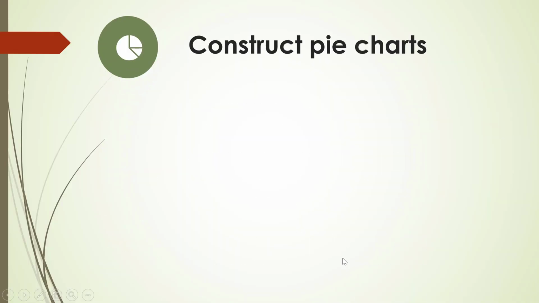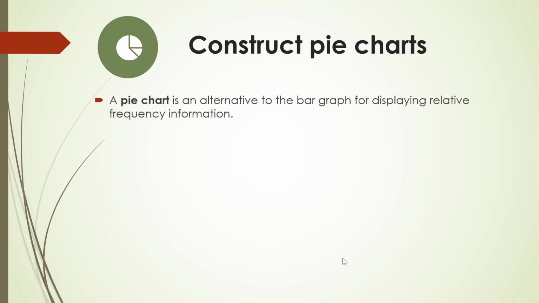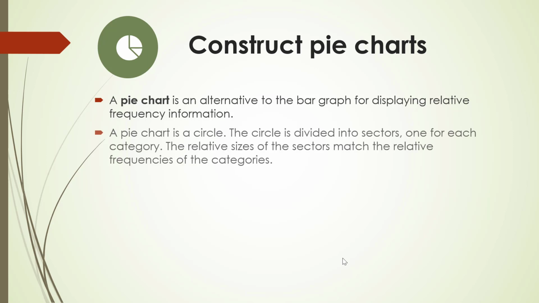So that was about bar charts. Now we are going to talk about the last chart for qualitative data. Sometimes we want to compare not only the frequency, but the relative frequency. Sometimes we can use a pie chart to illustrate. A pie chart is an alternative to the bar graph for displaying relative frequency information.